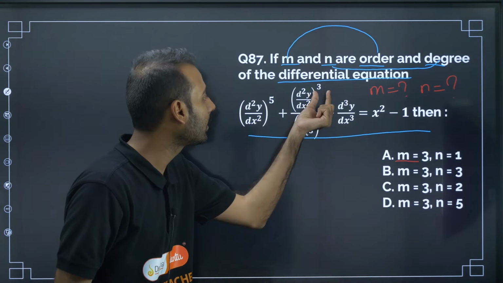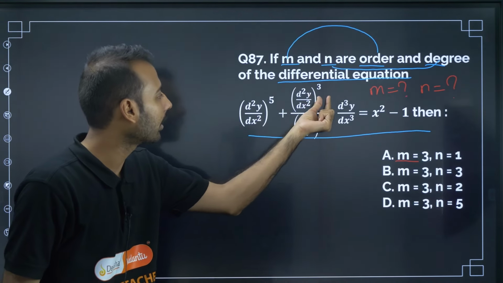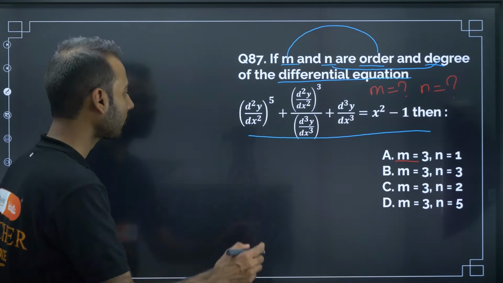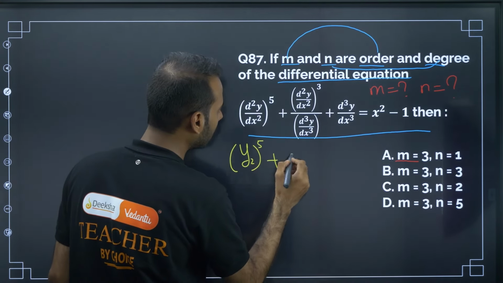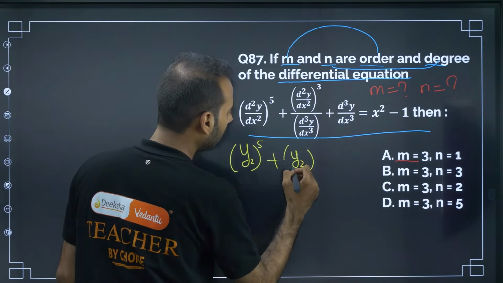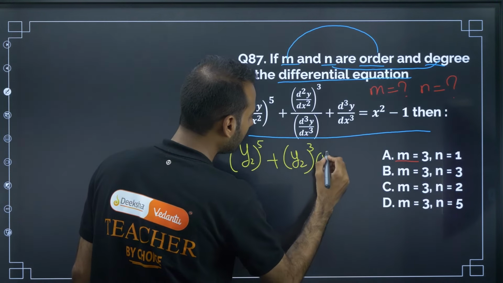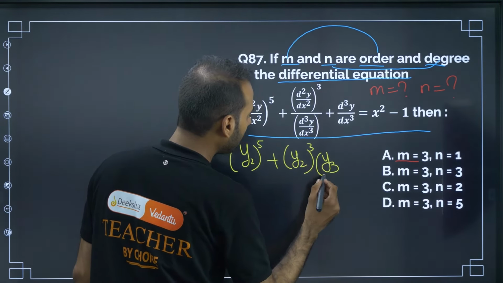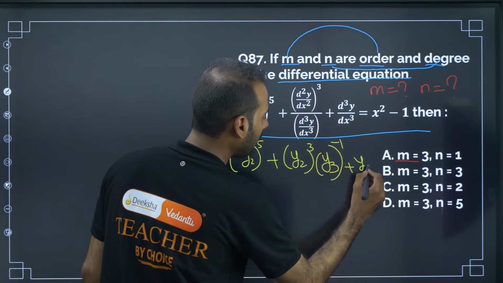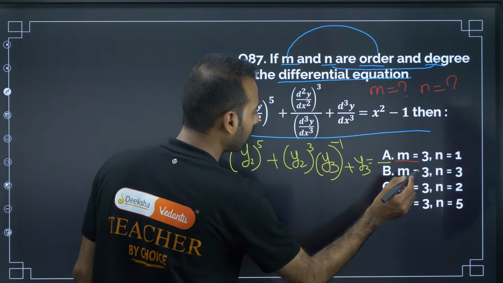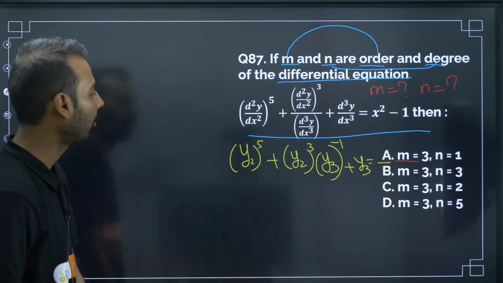Now if I place this here, this d3y by dx cube will have power minus 1.